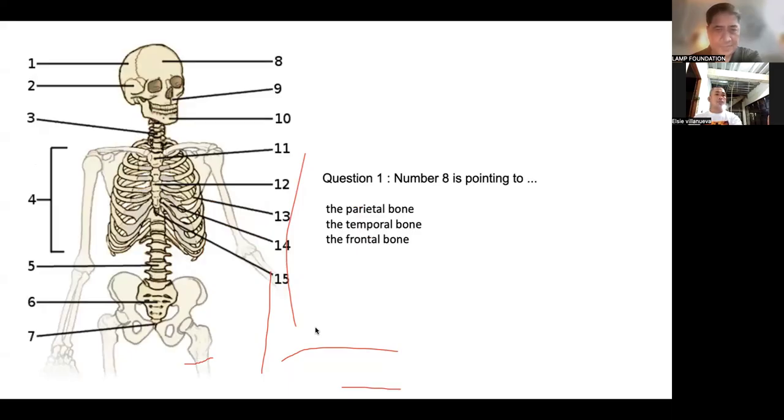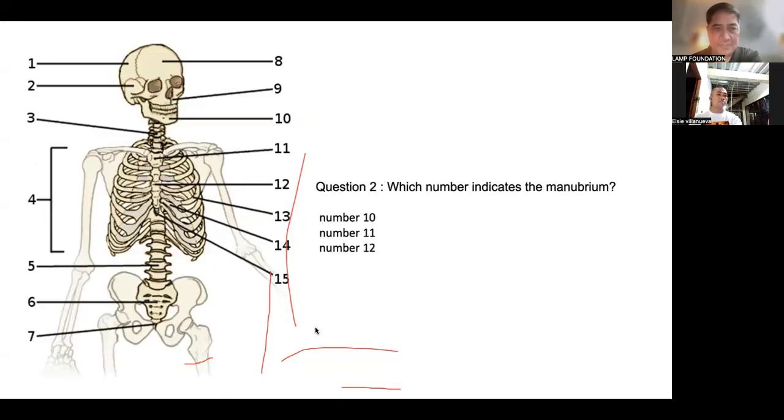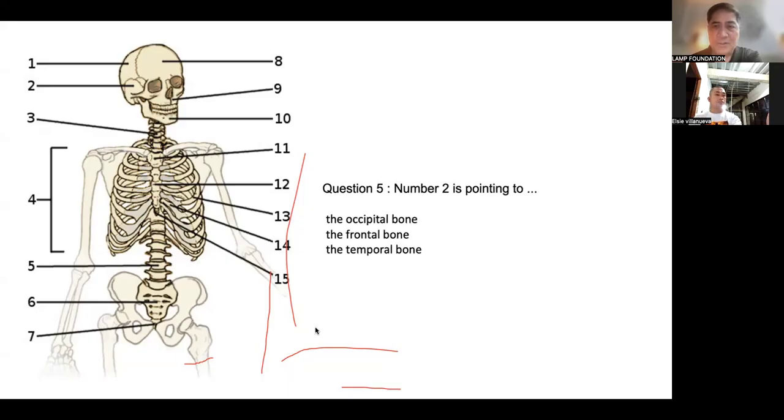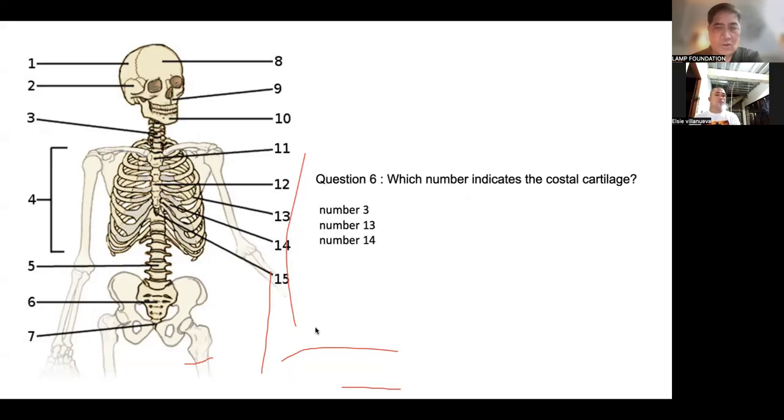The frontal bone. Manubrium. Number 11. Number 1, parietal bone. Maxilla. Number 9. Number 2, temporal bone. Costal cartilage. Number 14.